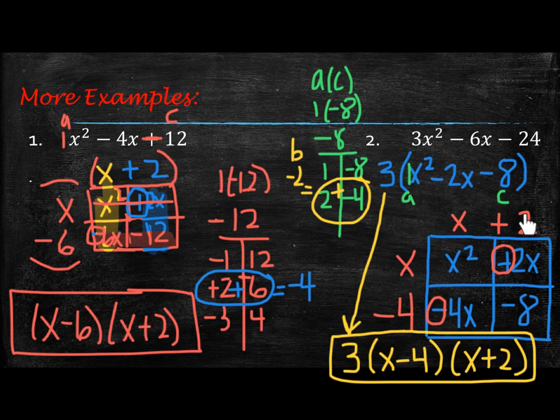Same thing's true here. 2 times x gives you that positive 2x. Then if we do x times negative 4, that gives you negative 4x, and 2 times negative 4 gives you that negative 8. So some people like this better. It helps them find what those GCFs are when they're struggling with it.